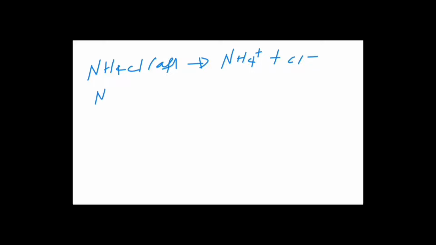NH3 is a weak electrolyte, it slightly dissociates in H2O to the common ion NH4 plus OH minus.